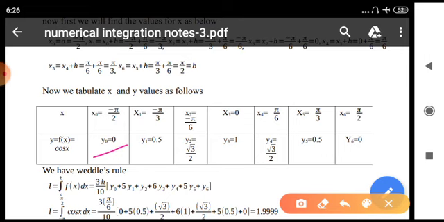Cos of minus theta is cos theta, and cos pi by 2 is 0. So we will be calculating y values for each x value here. Finally, we will get y6 as 0, for x6 equal to pi by 2, again cos pi by 2 is 0.